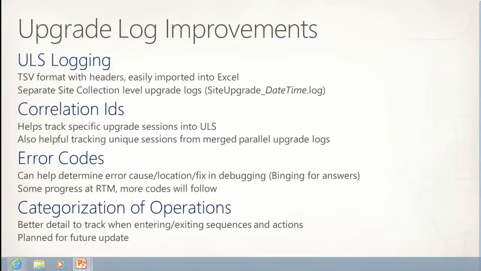Because even still with the upgrade as it is at RTM, the log can sometimes be a little bit arcane to follow, especially if you're trying to figure out, hey, did it actually start the feature upgrade yet? Did it finish yet? So we recognize some problems kind of late, and we've been looking at making some improvements. And the results, you won't notice it at first, but if you're actually doing anything that parses through the logs, it'll probably be a very welcome improvement.